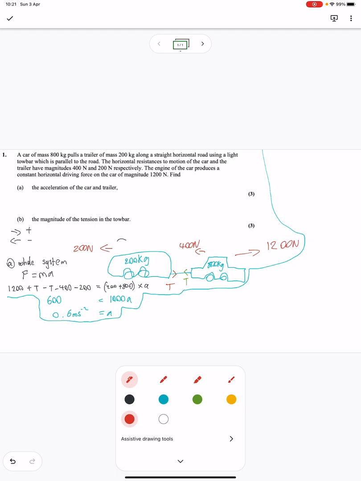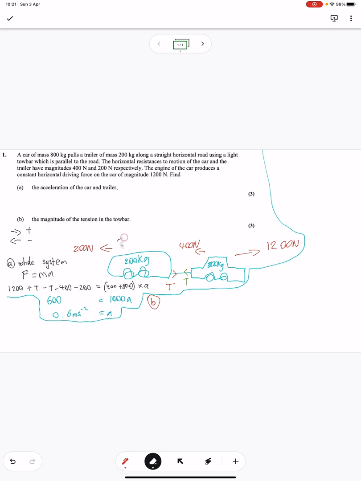Let's do the trailer. Okay, why did you pick the trailer out of interest? Because 200 is less than 800. Fair enough. I would have said the trailer because if you look at the forces acting on the trailer, there are only two forces acting on the trailer.